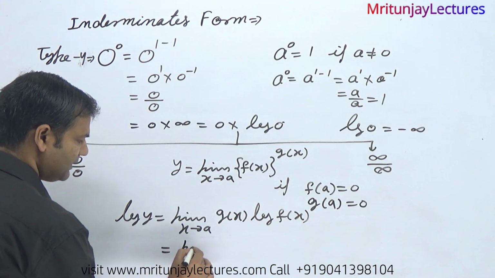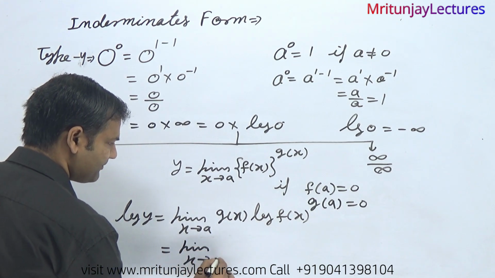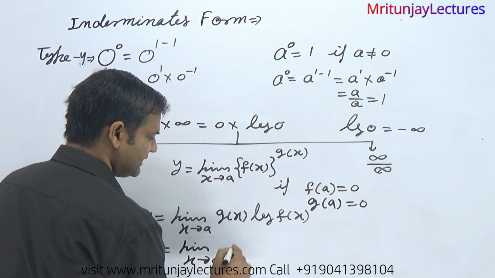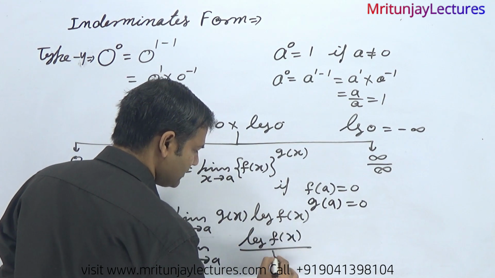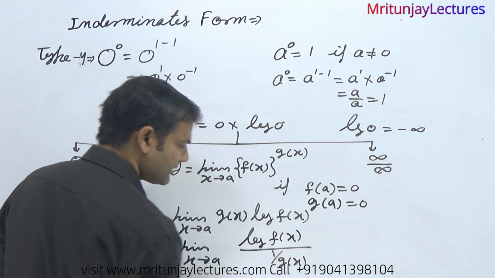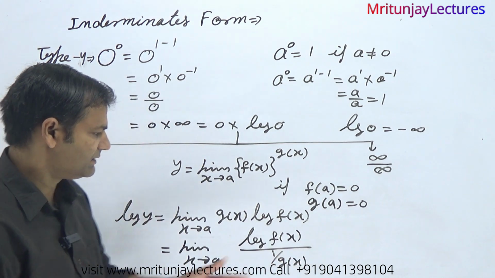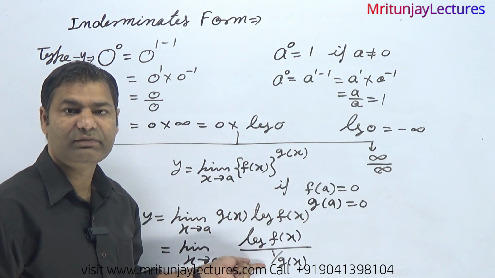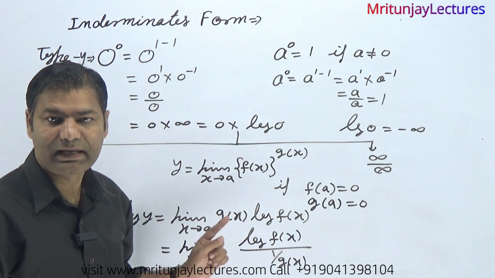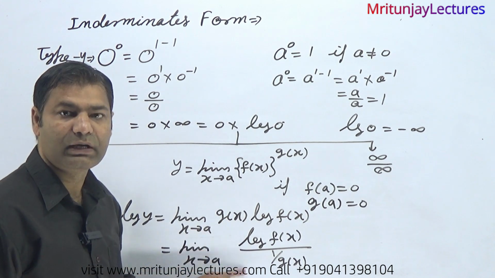After that, limit x tends to a, it is written as log f of x divided by 1 by g of x. If x tends to a, that is infinity divided by infinity, so you can apply L'Hospital rule on upper and lower.